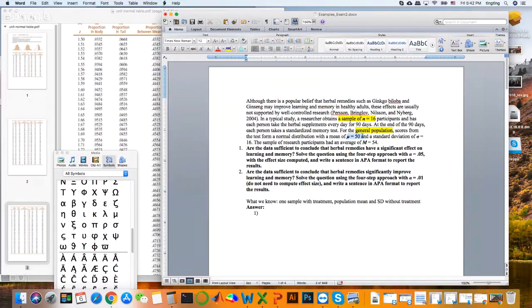We know its mean, and we know its standard deviation. And also we know the sample mean. The purpose is to compare the sample mean to the population mean. That means what we have is 1 sample with treatment, and the population without treatment, and we know its mean and standard deviation. That means we are going to perform the z-score test.